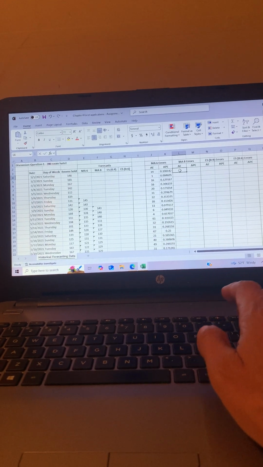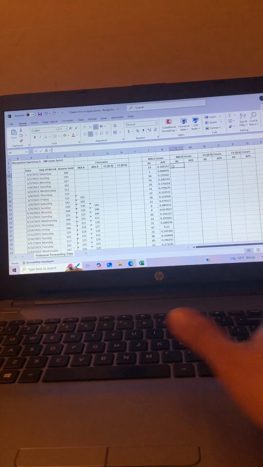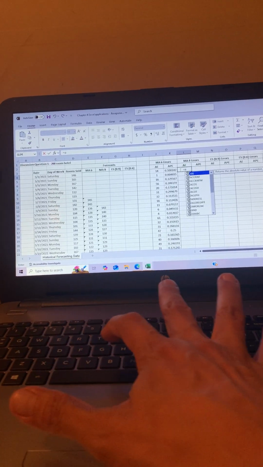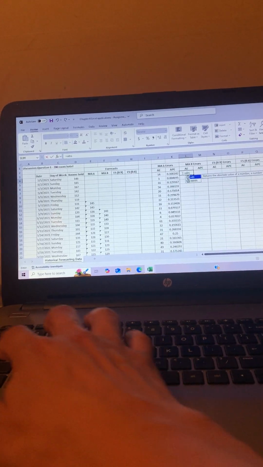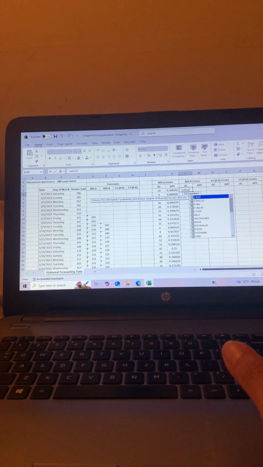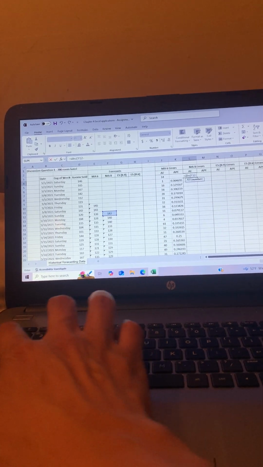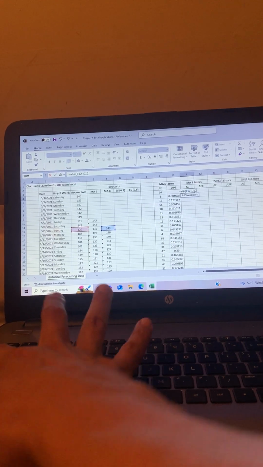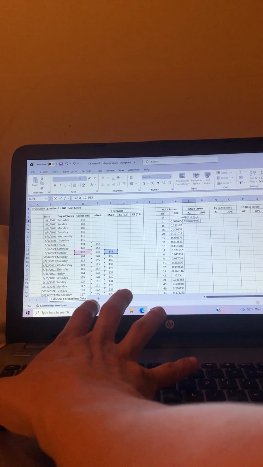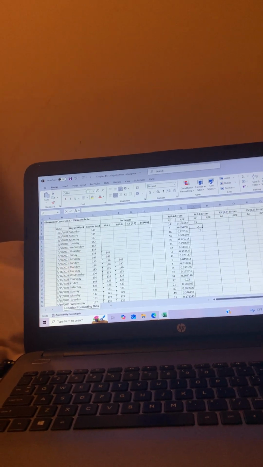So we put equals, sorry, ABS, parentheses, F12 minus D12. And that should be the difference.